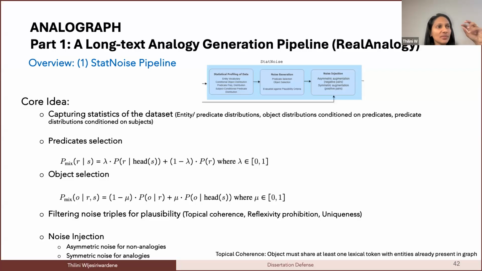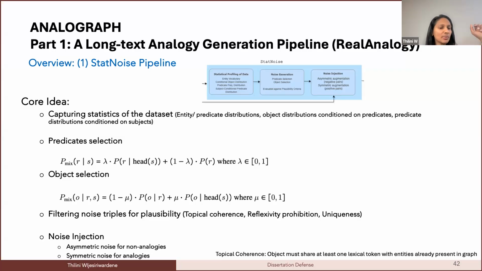Based on this equation, for predicates, you try to balance between the global distribution of predicates and the predicate distribution conditioned on the subject. Any user can set this lambda and balance that in a way they like, and then they create this predicate. It is similar for the object selection also.